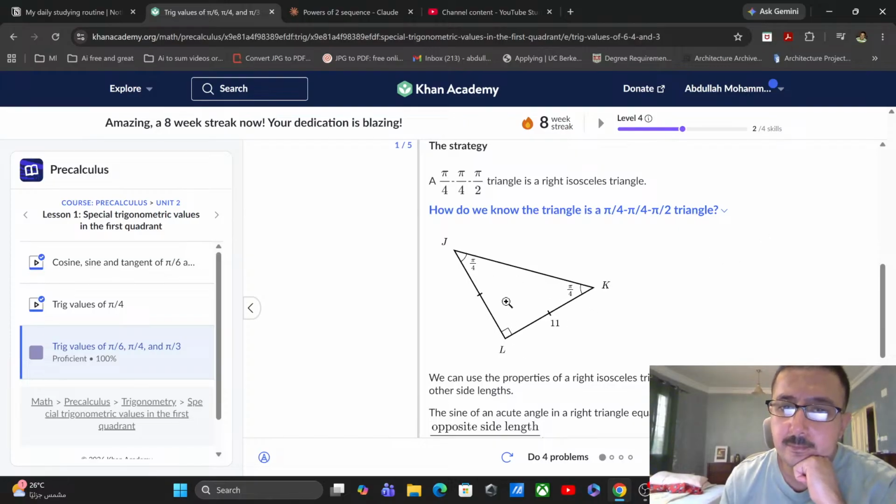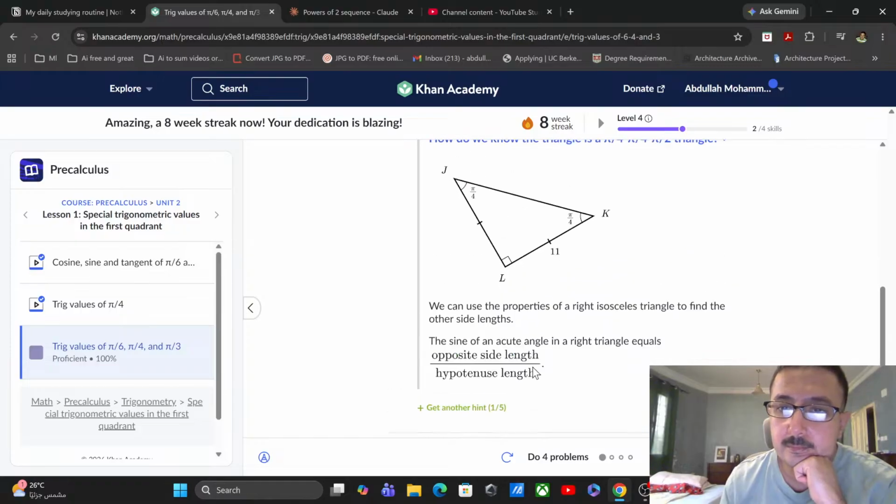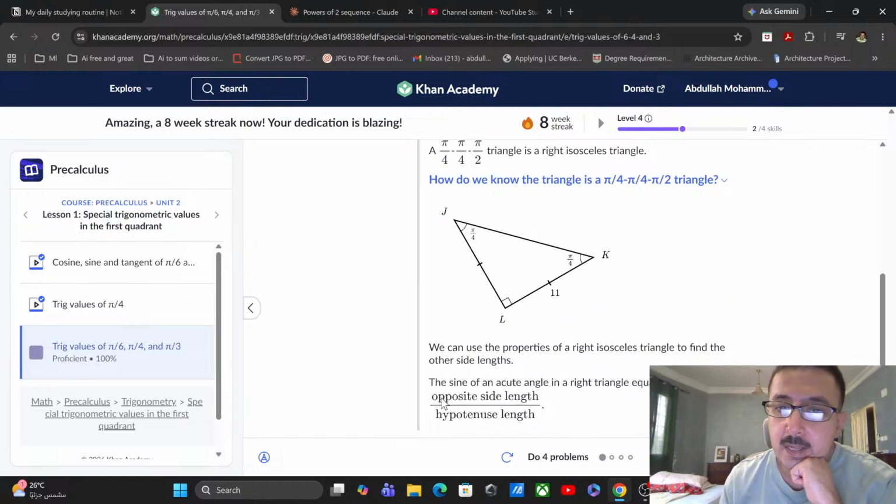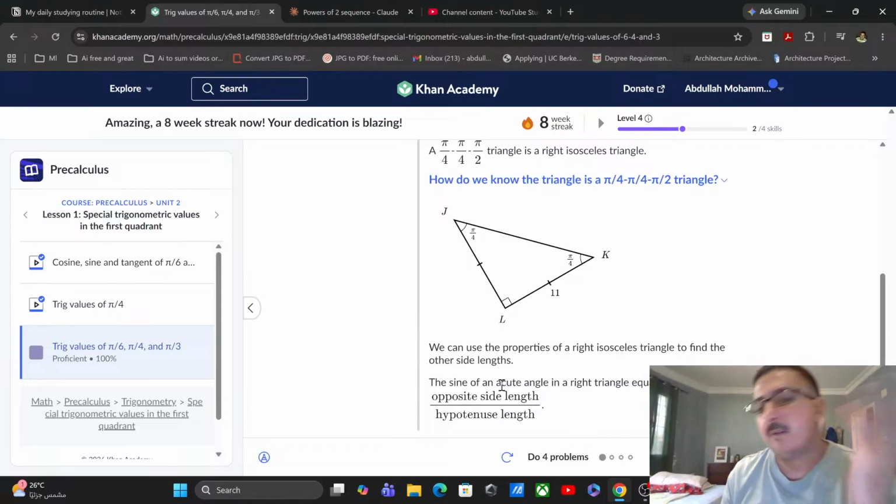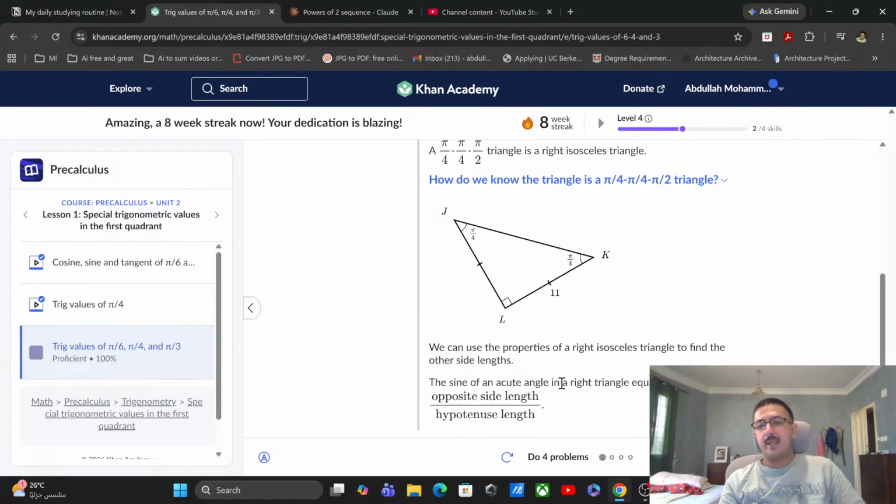The sine of an acute angle is the opposite side length over the hypotenuse length, which is the double. He's using the same mechanics that I used.